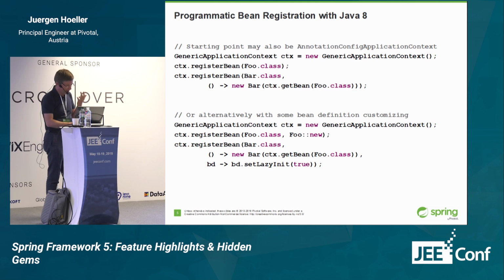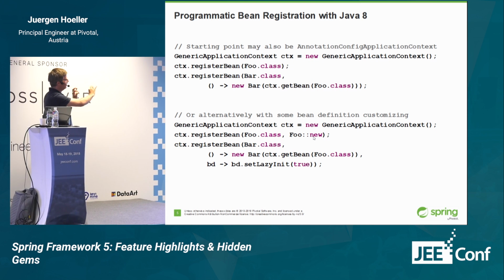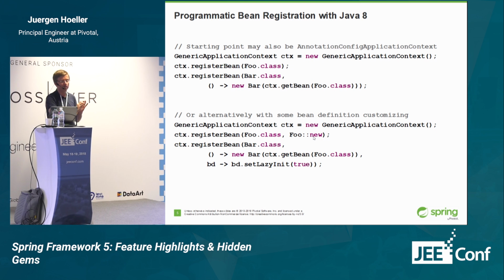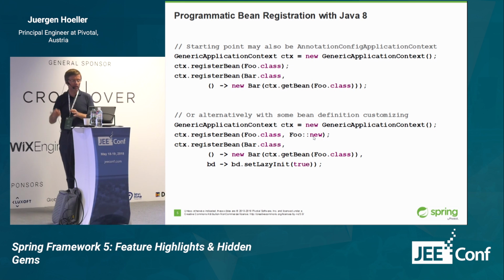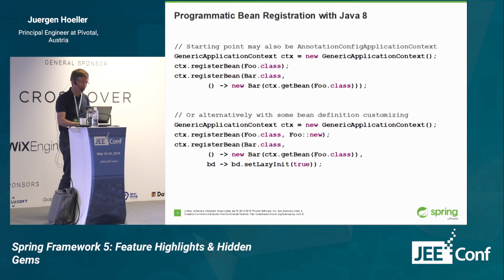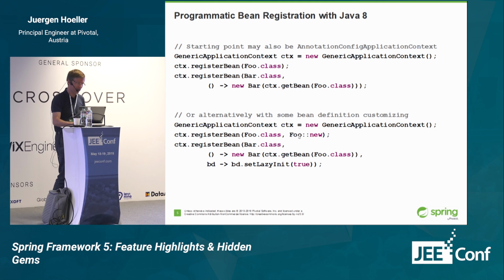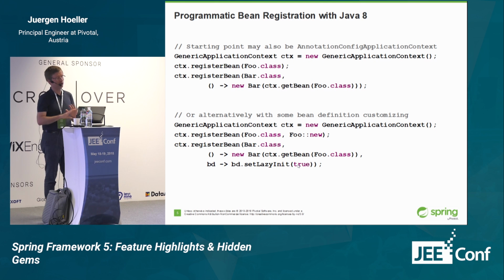The trick here is that this is an instance supplier. So it's a method reference compiled to an instance supplier. It's effectively equivalent to a lambda expression like this one here. So we are not using reflection. We are dispatching straight to the default constructor of Foo through an invoke dynamic instruction in the bytecode. So this version of the example below here with Foo::new involved does literally not use any reflection at any point.